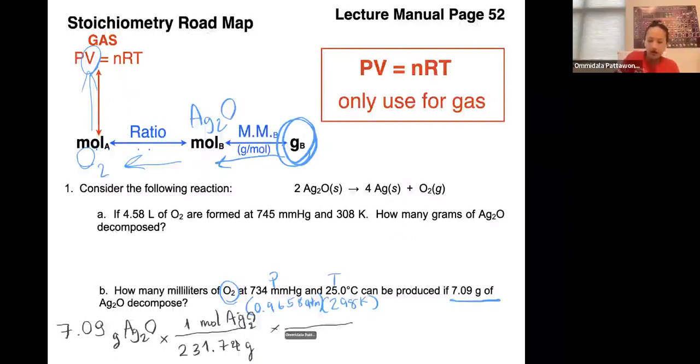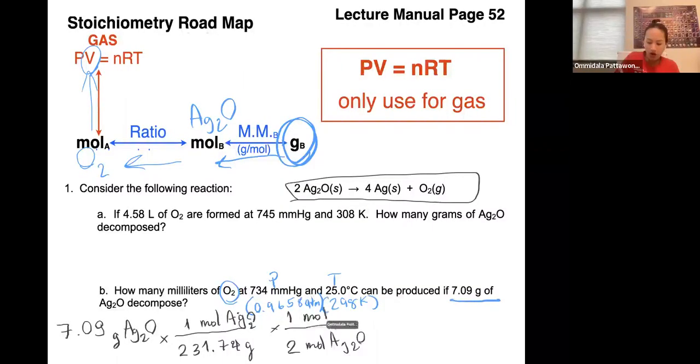And according to the equation here, we know that every 2 moles of silver oxide is going to produce 1 mole of oxygen. So if you get to this step right here, you are going to get 0.015297. Okay, so this is moles of oxygen. This is not the final answer because it's asking you in liters.